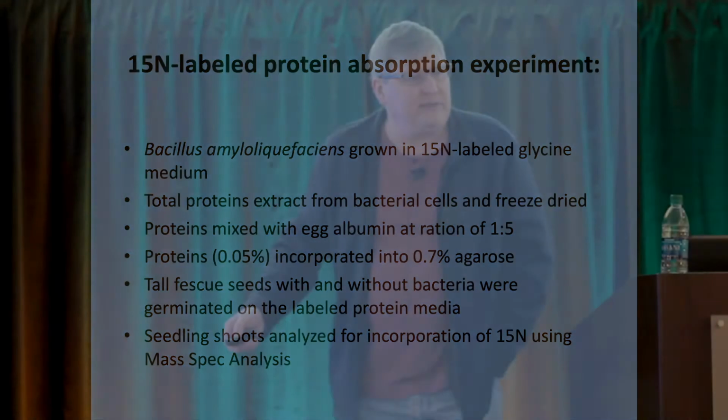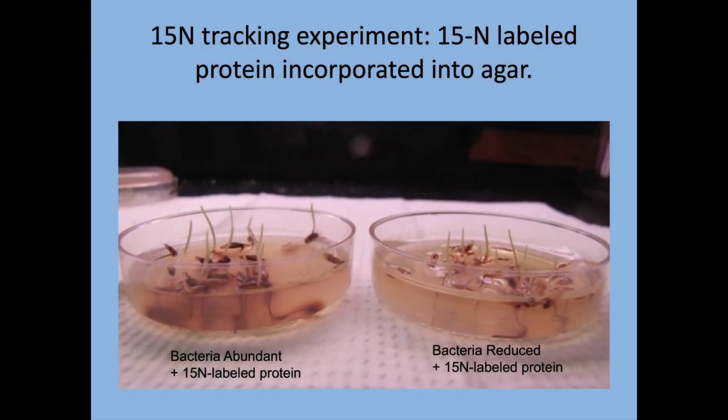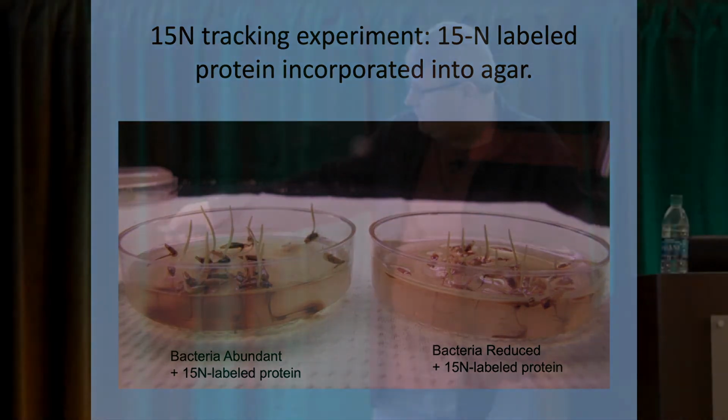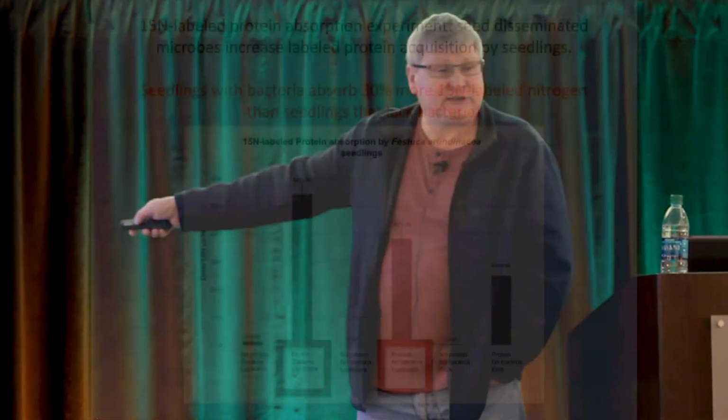Basically we put the labeled protein into agarose, mixed it in there, and then we put the plants with microbes here, bacteria abundant, and without over here. And then we measured the amount of isotopic nitrogen that went into each of these seedlings.